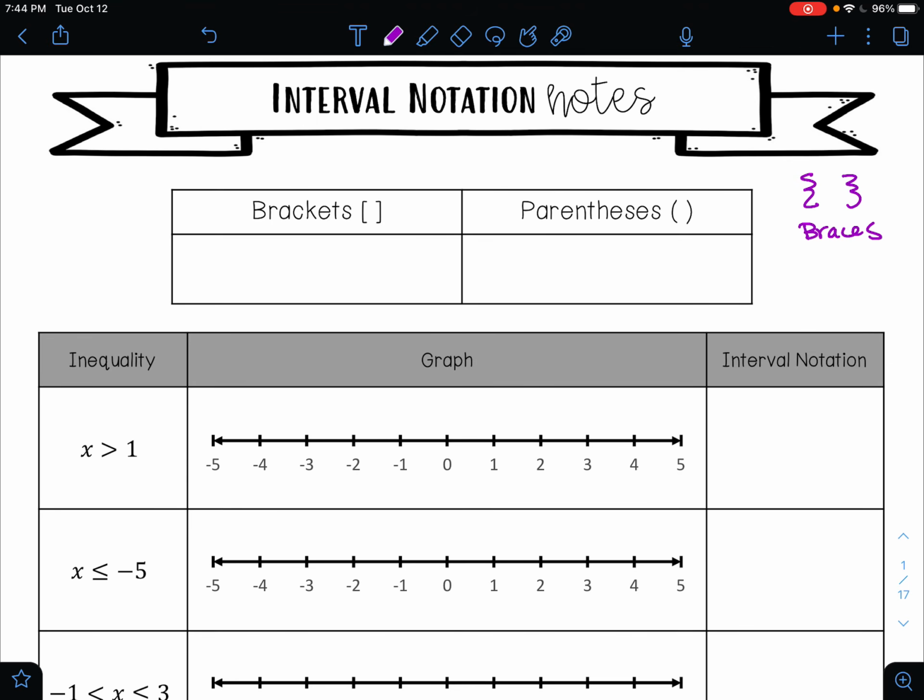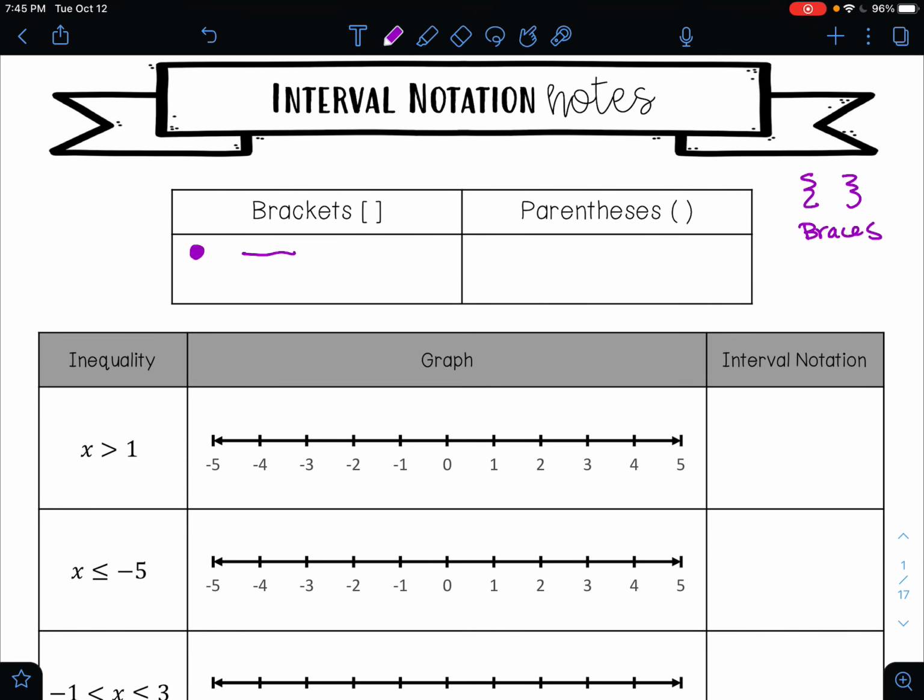I said that we would eventually be using brackets and parentheses. Brackets are square and parentheses are rounded. And we're going to be using these from this point forward. You will use brackets when you have closed circles and solid lines, and that's it.